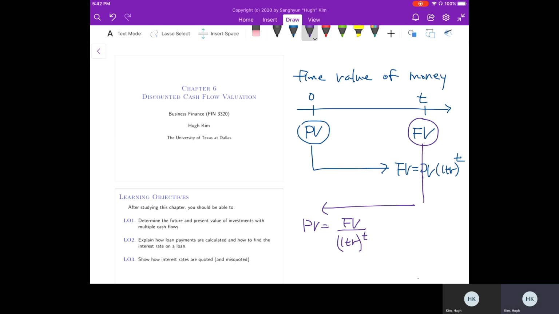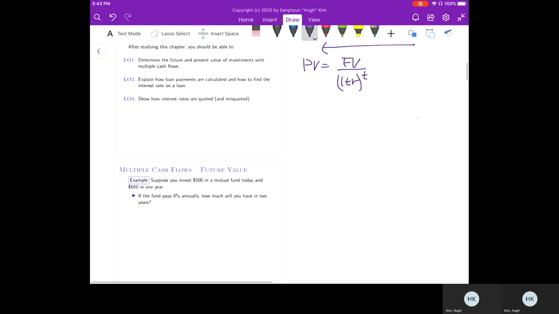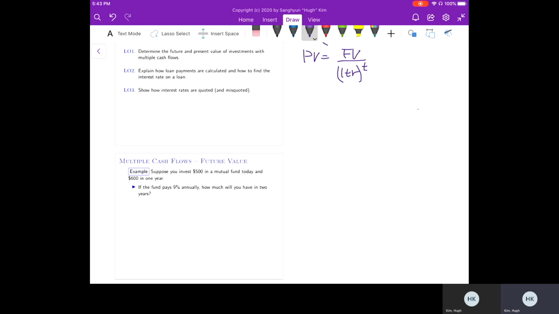And in this lecture, we're going to extend the concept of time value of money to multiple cash flows. So after studying this chapter, we want to be able to determine the future and present value of investments with multiple cash flows. So let's look at specific examples. Suppose you invest $500 in a mutual fund today and $600 in 1 year.